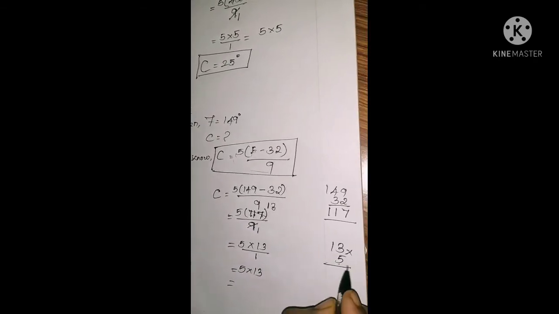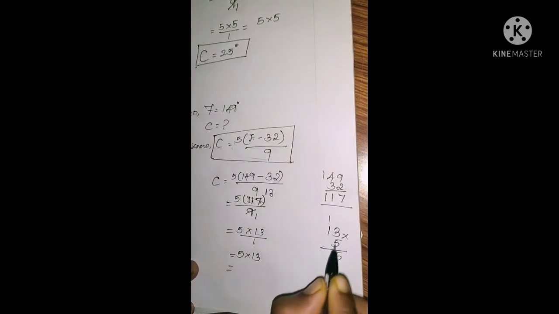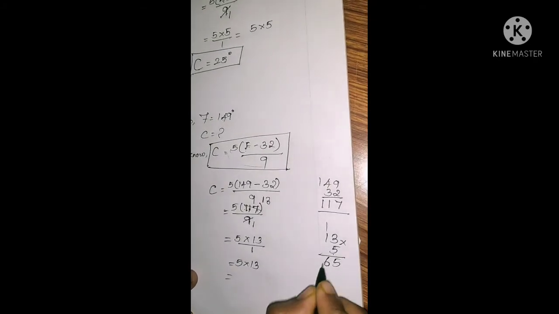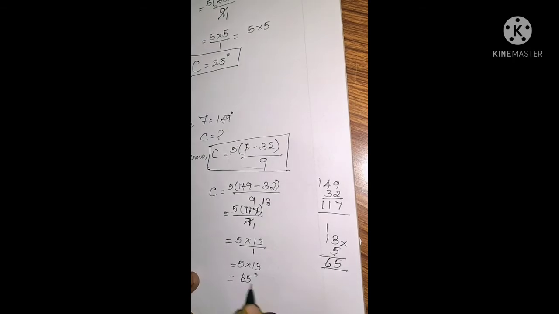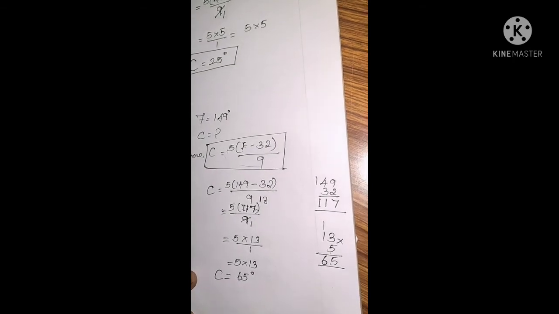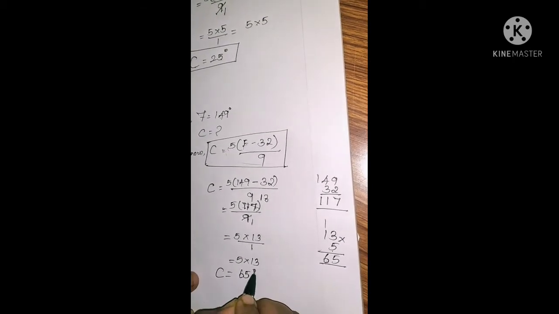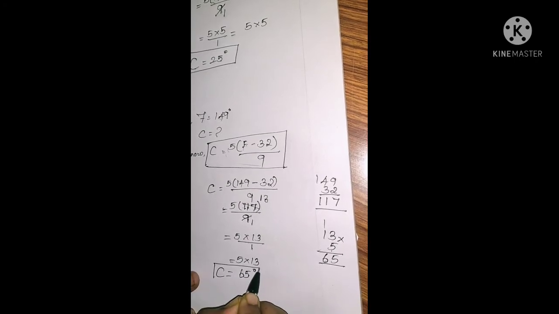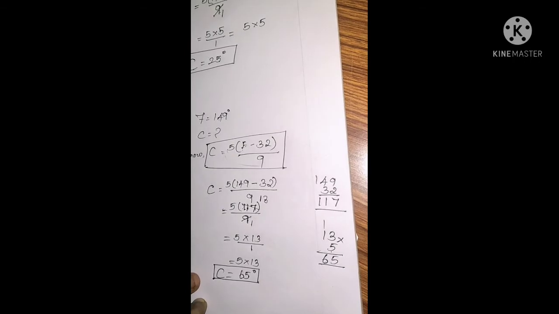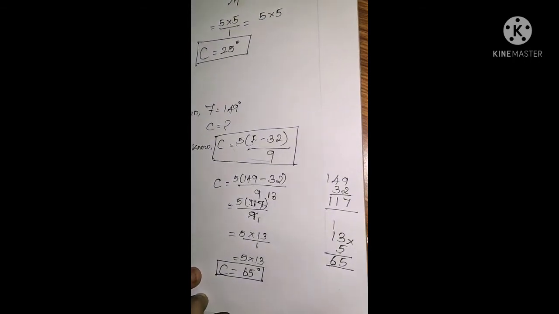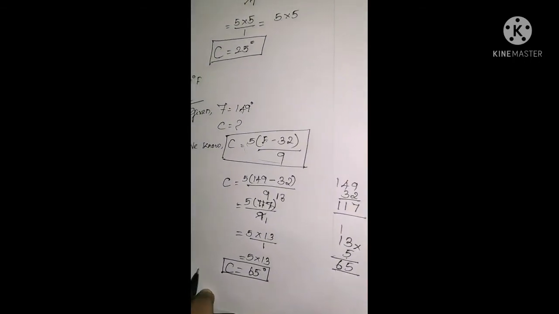Okay, 3 5s are 15, on balance, 1 5 is 5, plus 1 is there, so 65. 65 degree. Celsius equal to 65 degree. Do all of you understand? Okay.